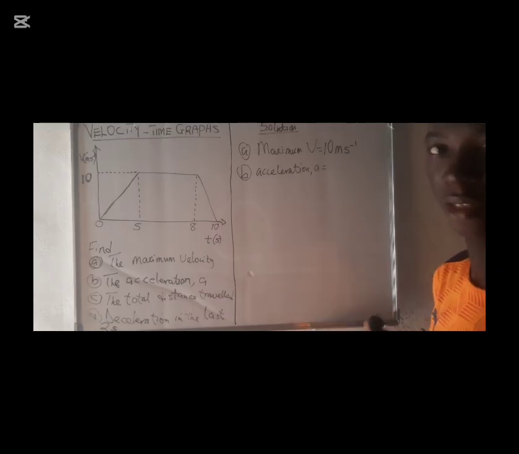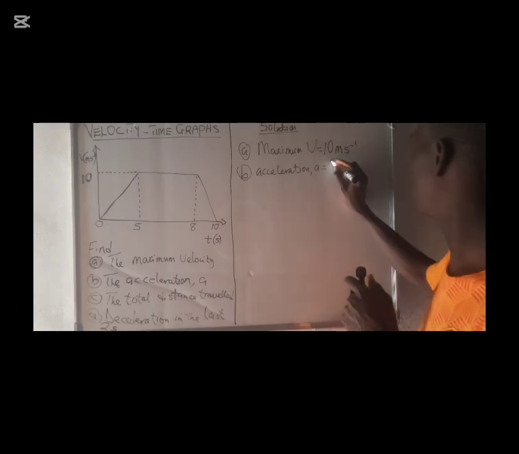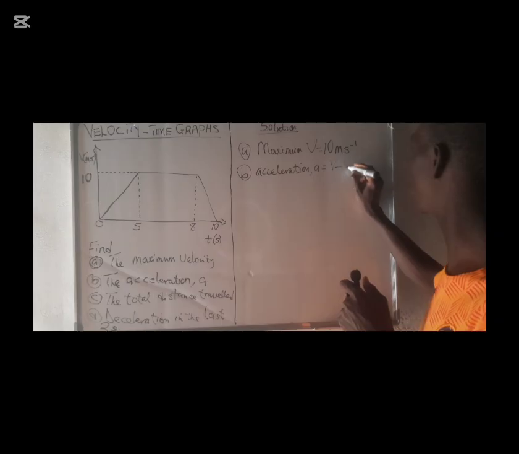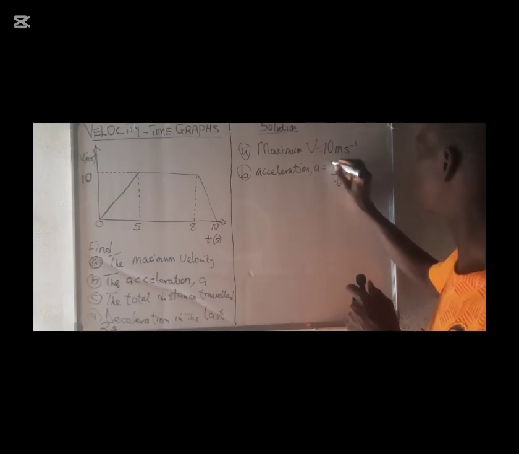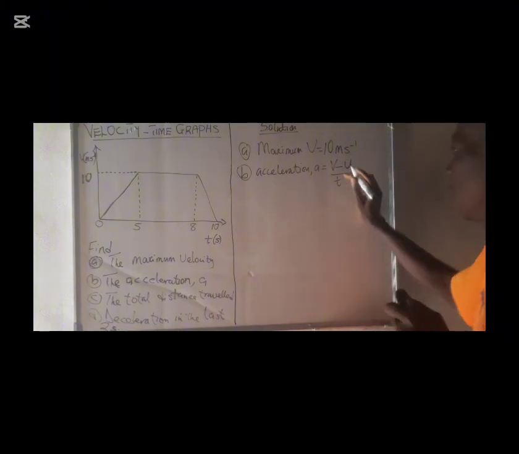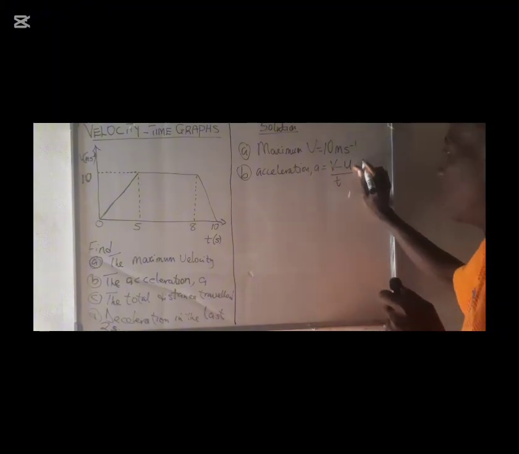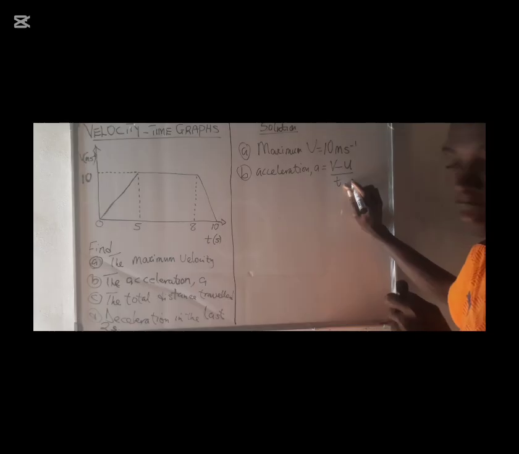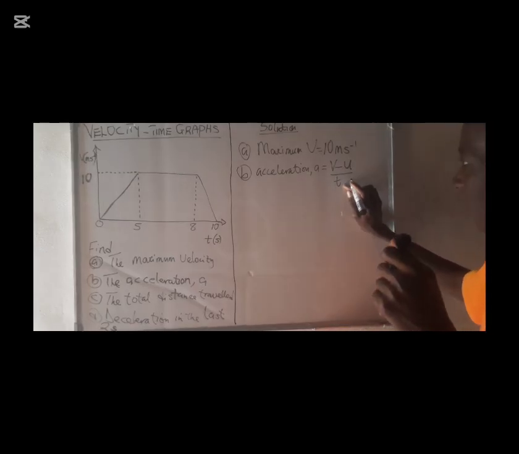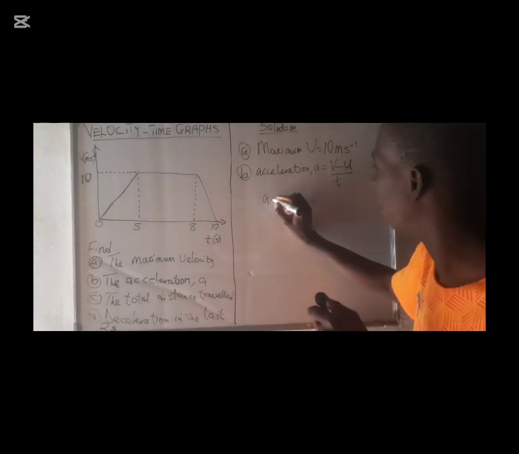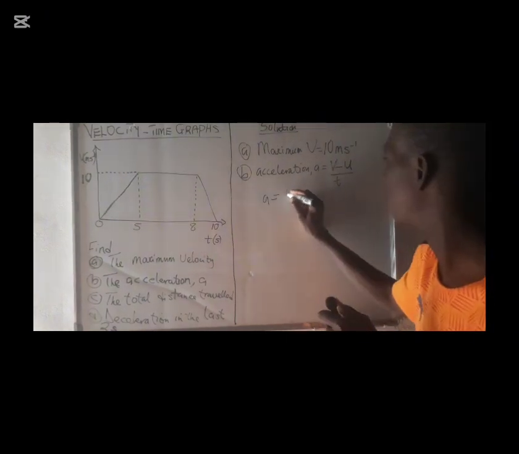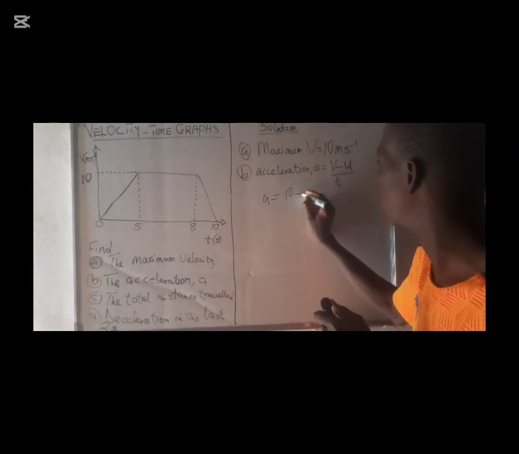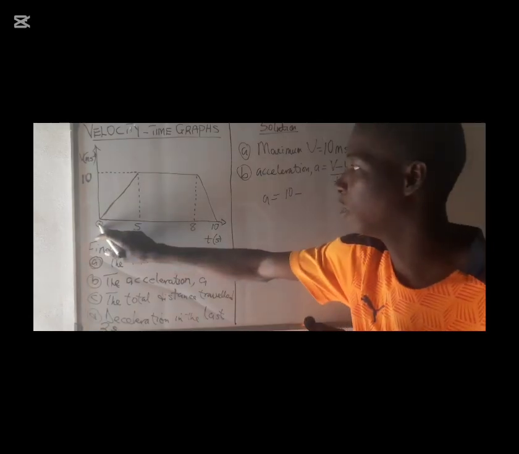Change in velocity is V minus U, over T. V is the final velocity, U is the initial, and T is the time taken. So from the question, our a is equal to the final velocity, which is 10 meters per second, minus the initial, which is 0.